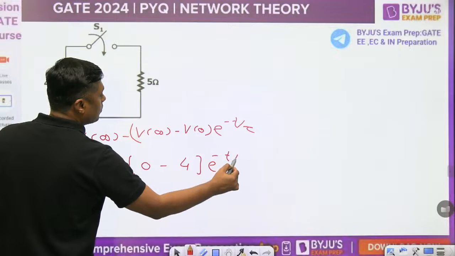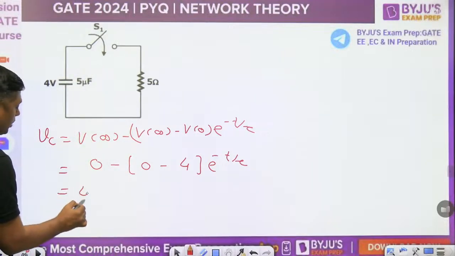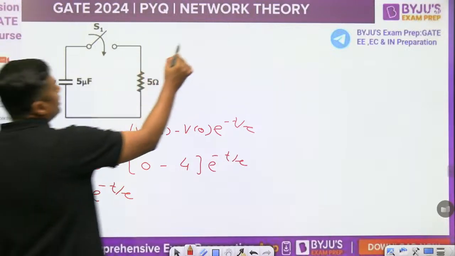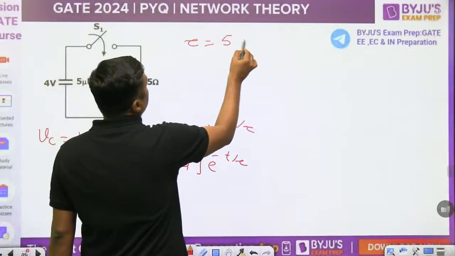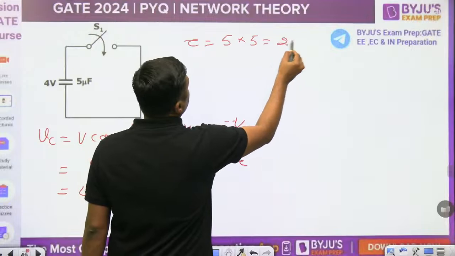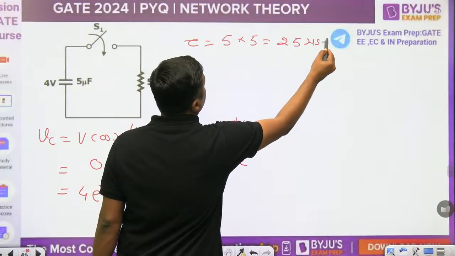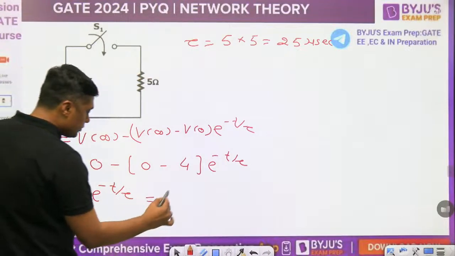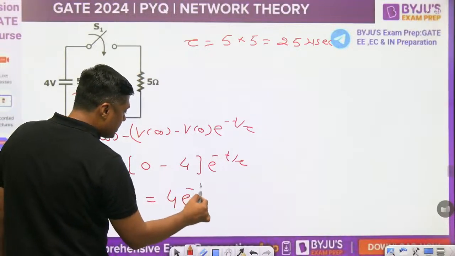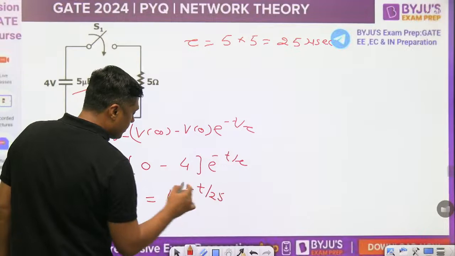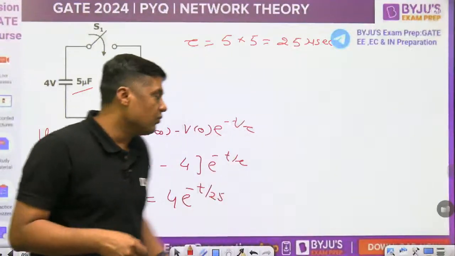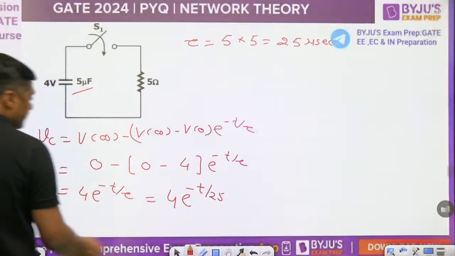So it will become 4 e raised to power minus t by tau. What is the tau here? 5 into 5, that is 25 microsecond, because it is in microsecond. So it will become 4 e raised to power minus t by 25 microsecond. Then it is an exponentially decreasing function. We have the standard formula for this.